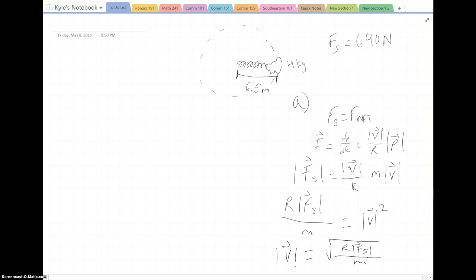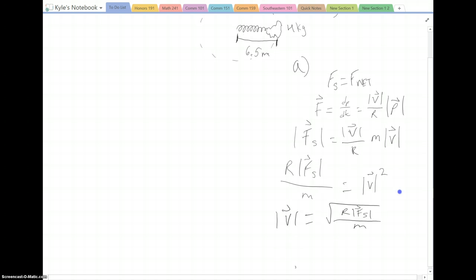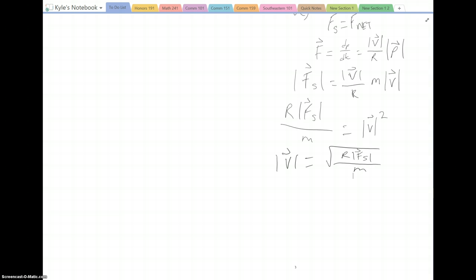And then we just simply plug in the numbers, which are the radius is equal to 6.5, the force is 640 newtons, and it has 4 kilograms.